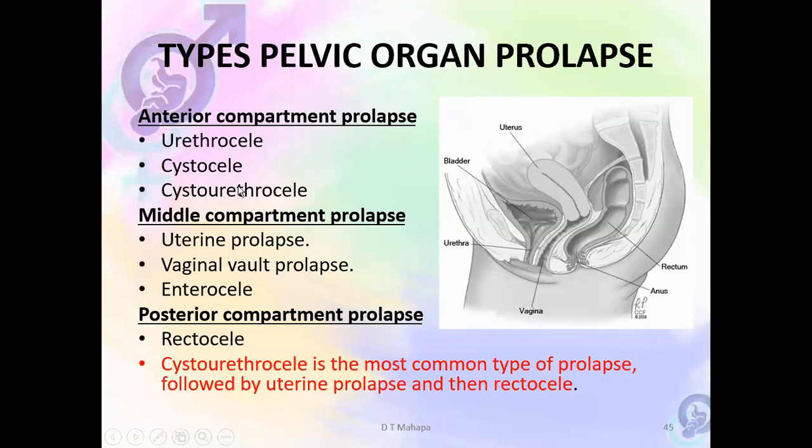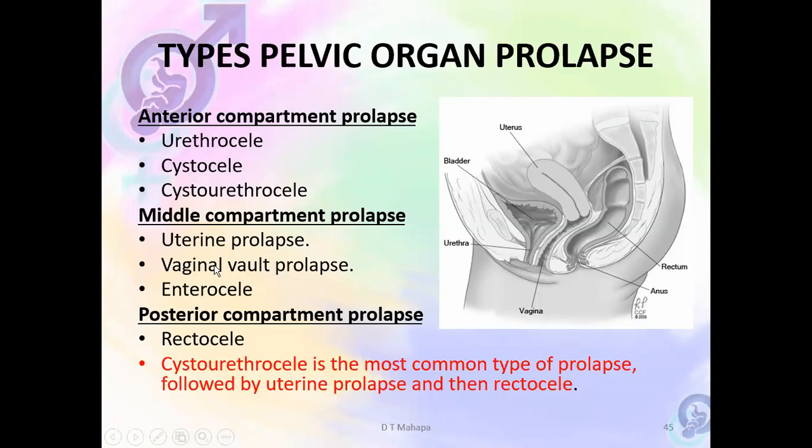If they both prolapse, it's called urethrocystocoel. In the middle of the pelvis, you've got only one organ, the uterus. If it prolapses, it causes a uterine prolapse. If the woman has had the uterus removed, the vaginal vault, which is the roof of the vagina, can also prolapse. It's called vault prolapse.